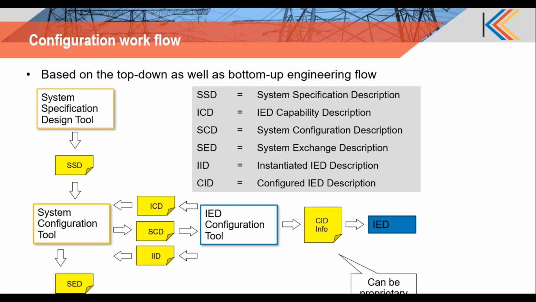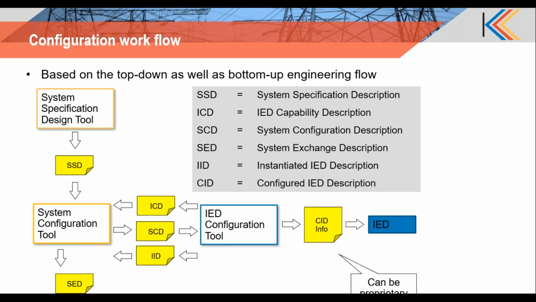And here we have sufficient mechanisms being designed, or guidelines given by IEC, to ensure that sufficient user rights are imposed, which ensure that the other project is not making any unintended change in your configuration file. So we have the concept of user rights. So before extracting the SED, the system configuration tool will set the sufficient user rights to the SED, and that will be given to the other project.